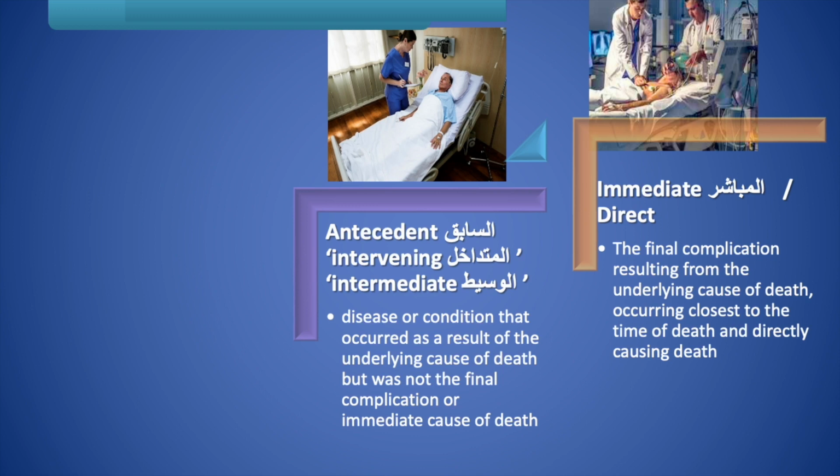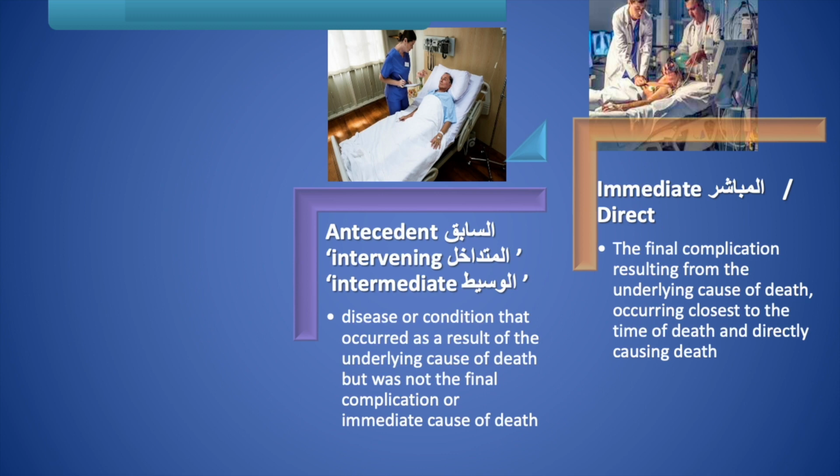Most of the physicians are selecting this cause, the intervening or intermediate or antecedent cause, as the underlying cause of death, but it is not right. Something like a patient who died with pulmonary embolism, and the underlying cause is DVT, deep venous thrombosis. The deep venous thrombosis is the antecedent or the intermediate cause, not the underlying cause.